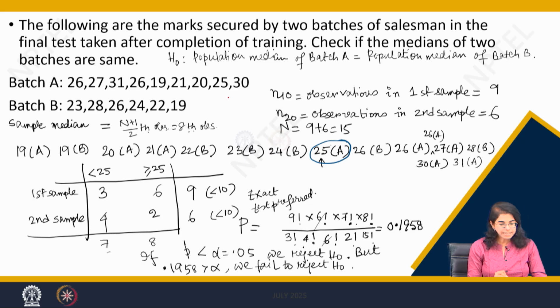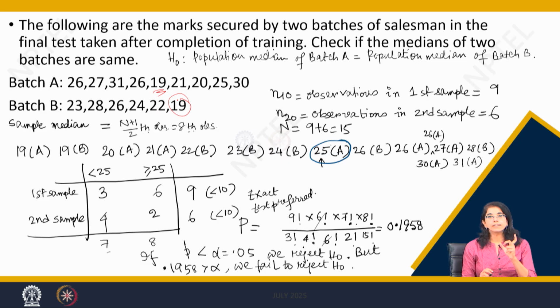The first thing is, you have to arrange the observations in increasing order in a combined sample. So you will figure out what is the smallest one. 19 is the smallest one, which occurs in batch A. What is the smallest one in batch B? That is also 19. That means 19 occurs twice in the combined sample.